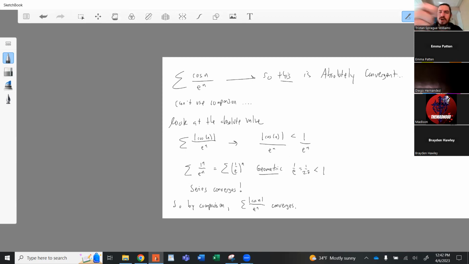What does that mean about its convergence? Does this series converge as well? Yeah, when I first introduced this idea of absolute convergence, one of the theorems was that if the absolute value of the series converges, the original series converges as well. It has to. So it's also regular convergent.